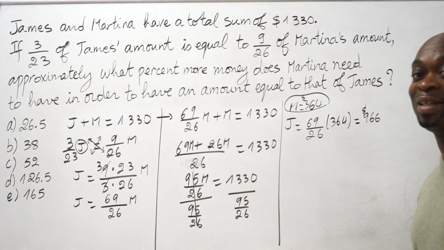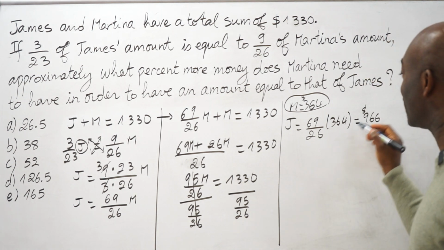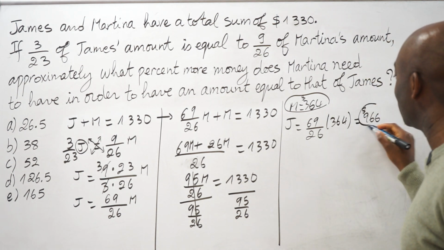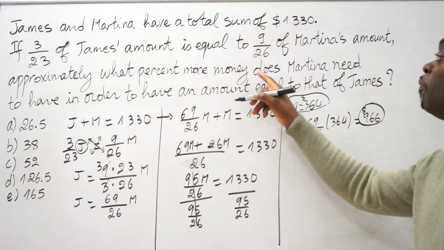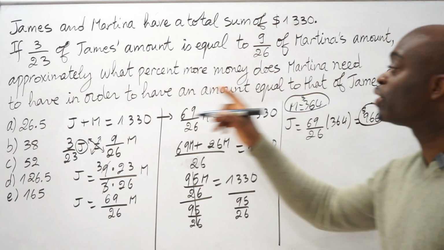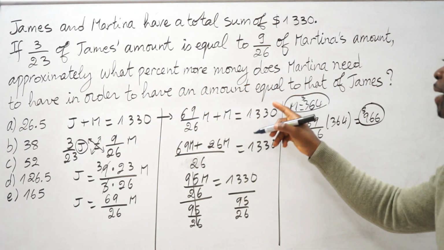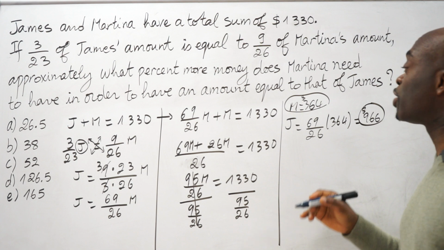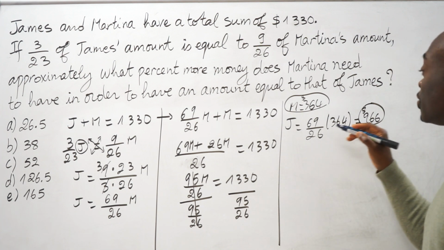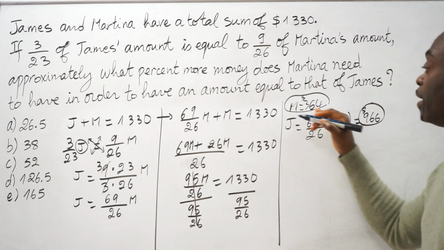But ladies and gentlemen, that's not the question. The question is not just to get these two values. The question is what percent more money does Martina need to have in order to have an amount equal to that of James? So the first thing we have to find is how much more James has than Martina.